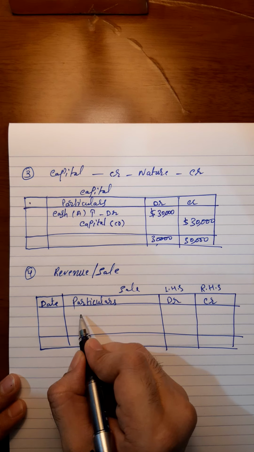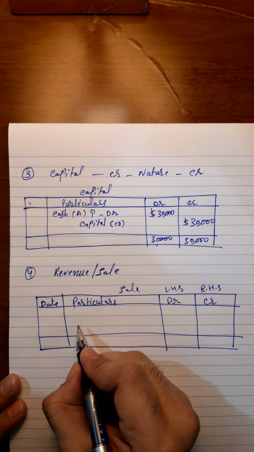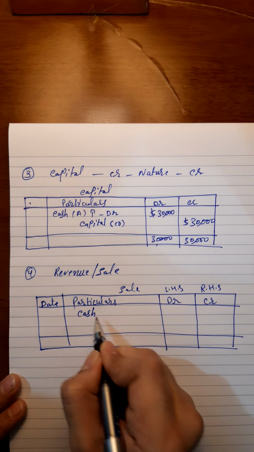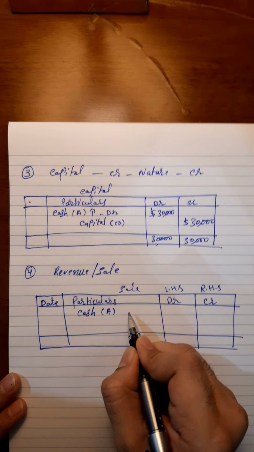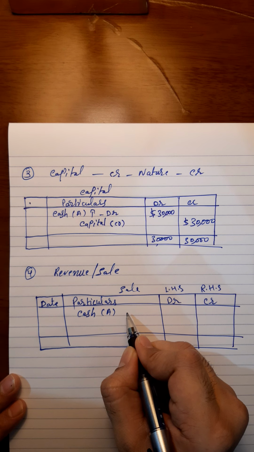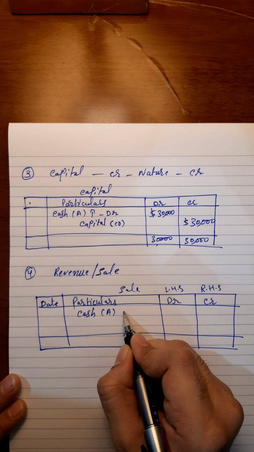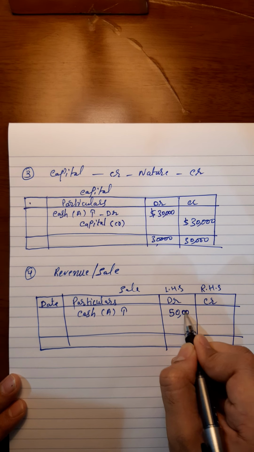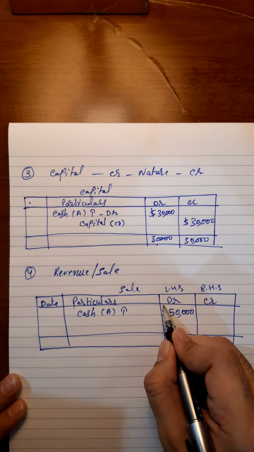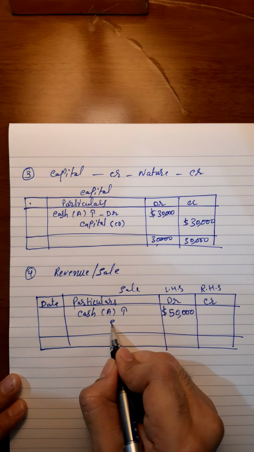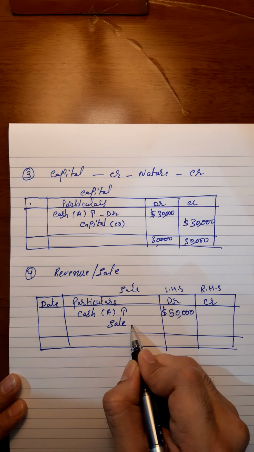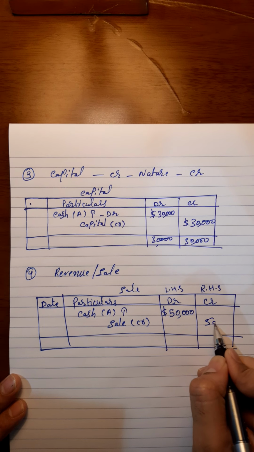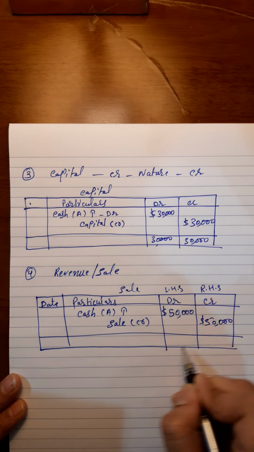Friends, our business makes a sale of $50,000. So cash is an asset. Cash increases. Cash comes into the business. So cash will debit. And sale is credit nature. Our sale will credit $50,000.